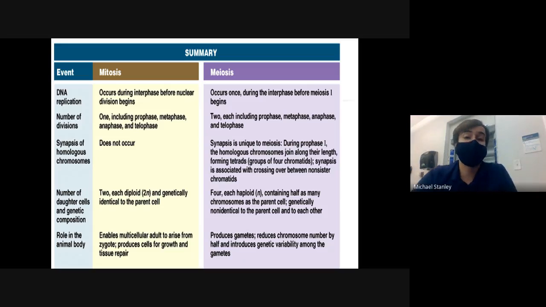Those are the only types of cells that come through meiosis. All of the other cells in your body, muscle cells, brain cells, spine cells, blood cells, skin cells, immune system cells, they all come from mitosis. So mitosis is very general. Meiosis is very, very specialized.